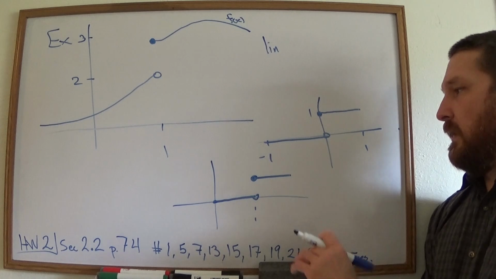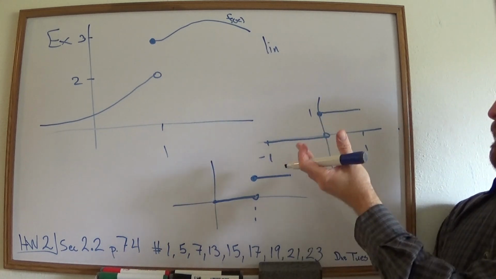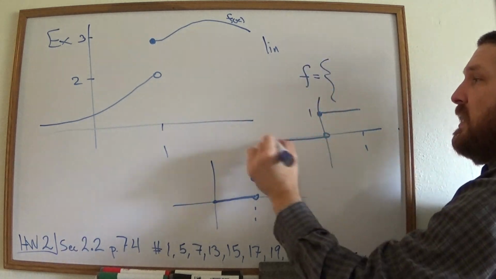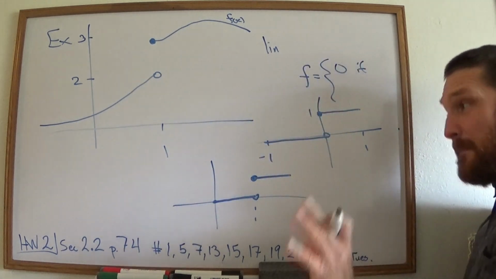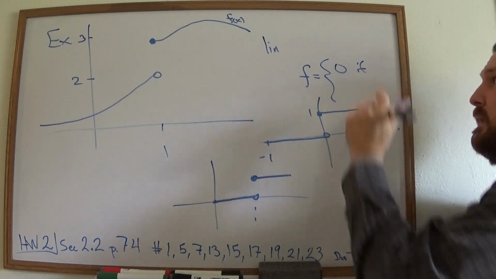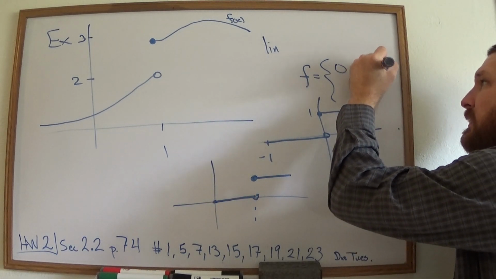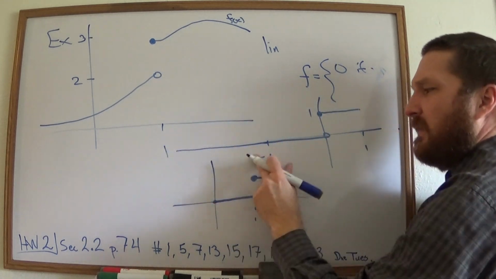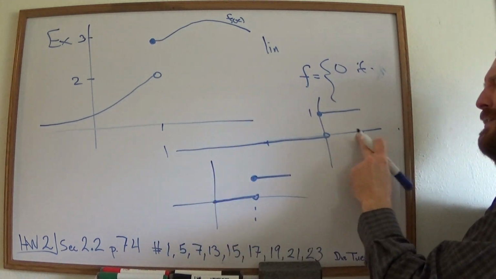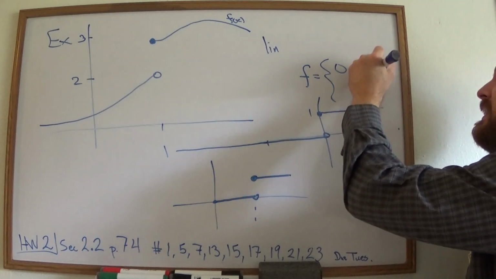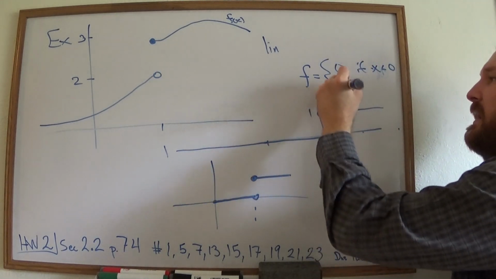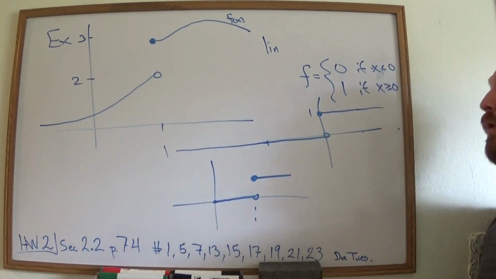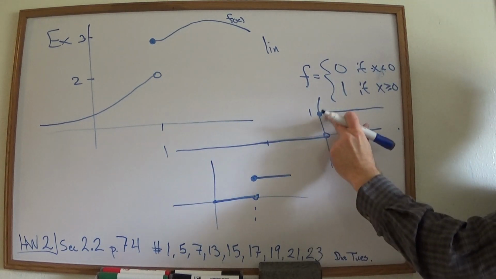It's a piecewise function: f is equal to 0 if x is less than 0, and it's 1 if x is bigger than or equal to 0. So there's a hole there and a dot there.